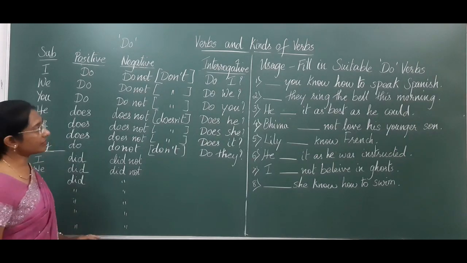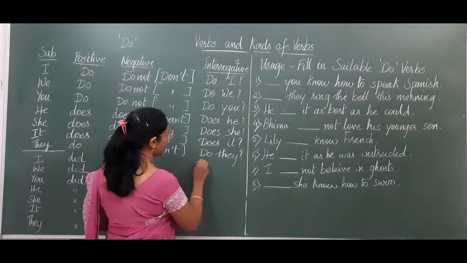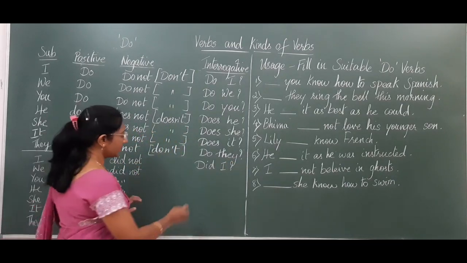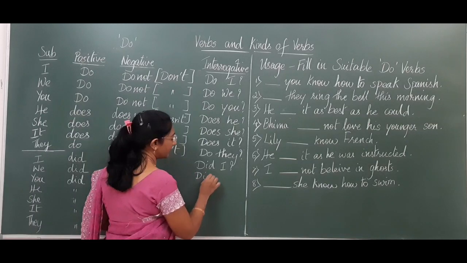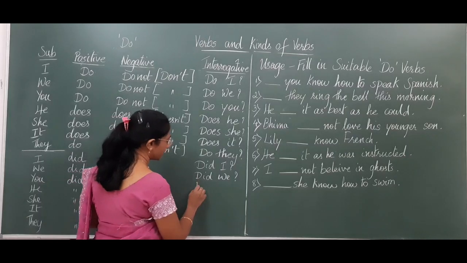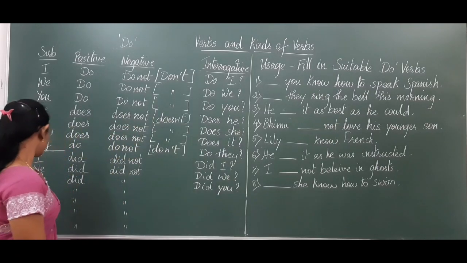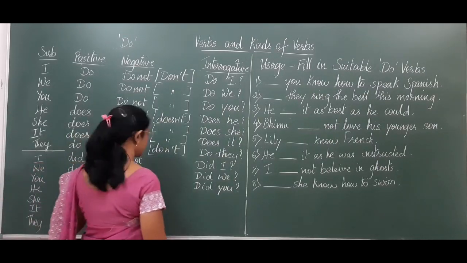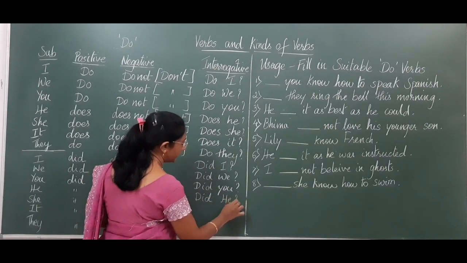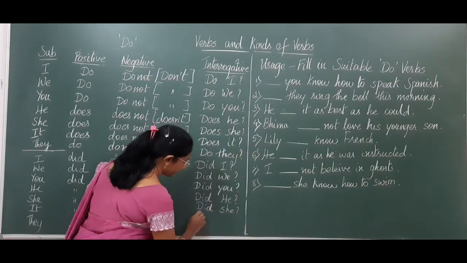When taken in the interrogative form, I did becomes did I, we did becomes did we, second person you did becomes did you, third person he, she, it also takes did he, did she, did it.